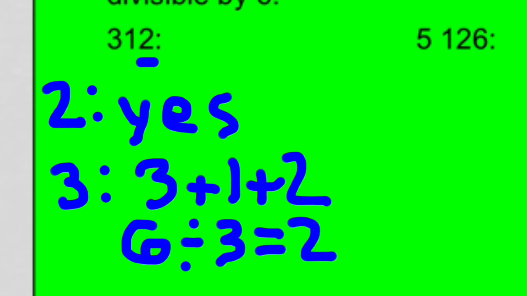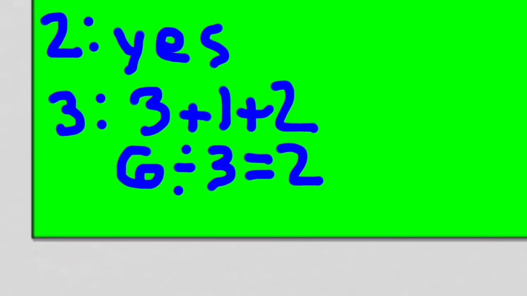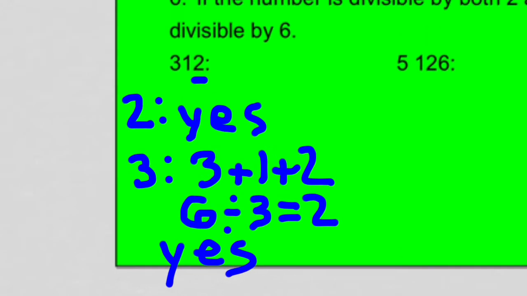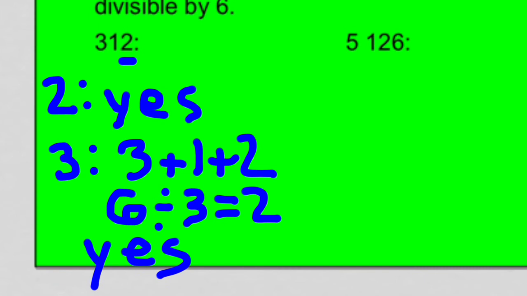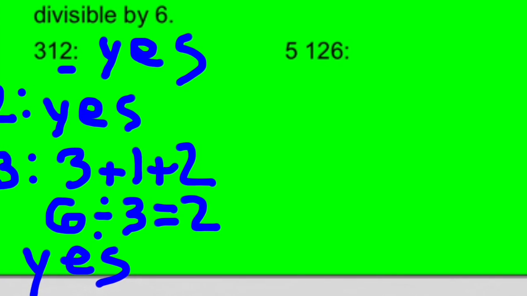Since the digit sum is divisible by 3, the entire number is divisible by 3. That's a yes. And since 312 is divisible by both 2 and 3, then it is also divisible by 6. So we can say yes.